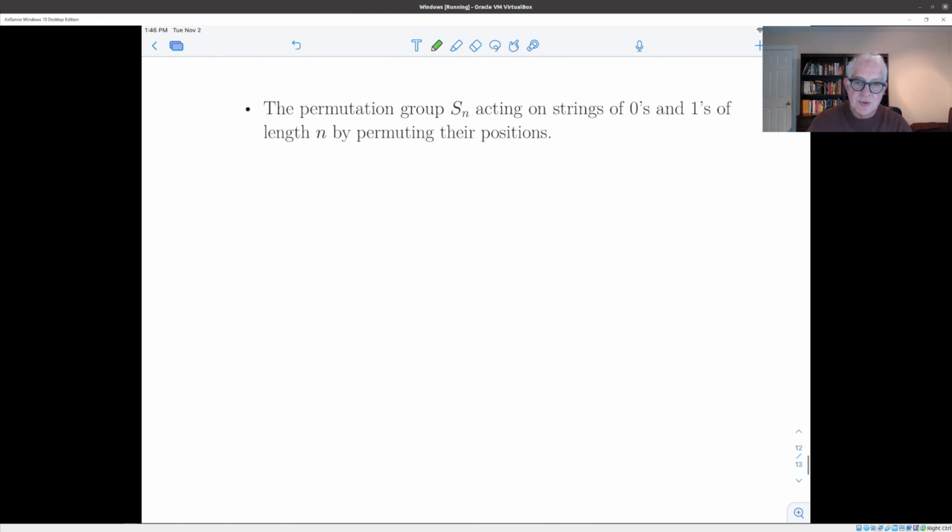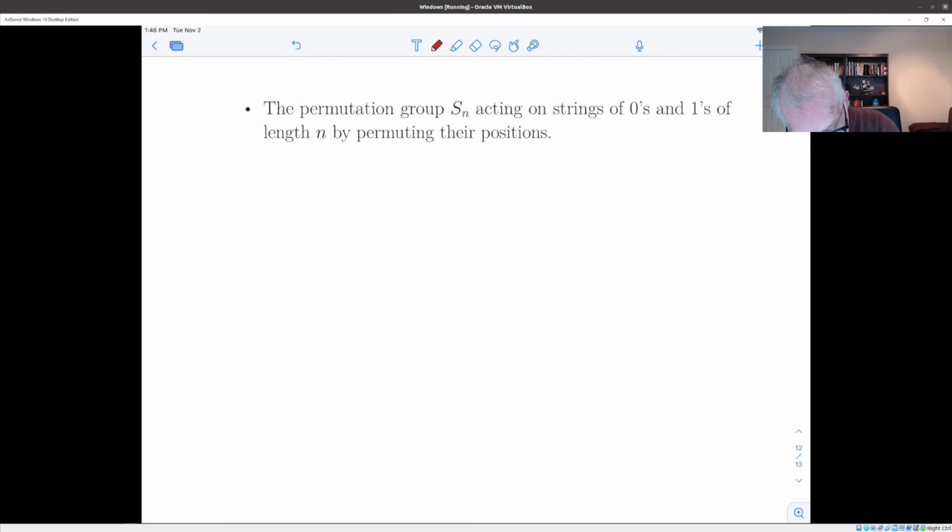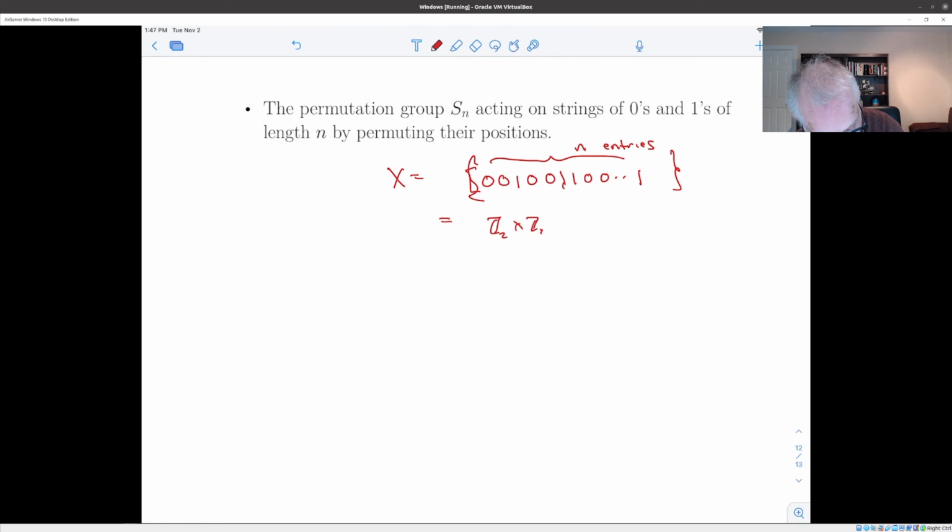And the last one is, what if you take the following thing? Your set X is collections of zeros and ones, like this, and there's n of them. So in other words, if you want to be fancy about it, it's Z2 cross Z2 cross Z2, n times.